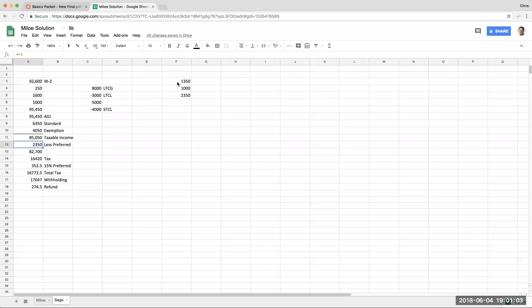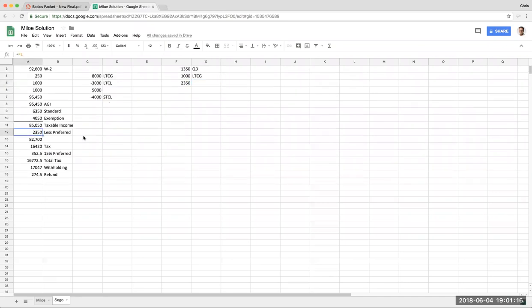In this case, it's the $13.50 in qualified dividends and the $1,000 in long-term capital gain, which is $23.50. So what I've done here is I've subtracted the $23.50. Then that leaves me with taxable income of $82,700.